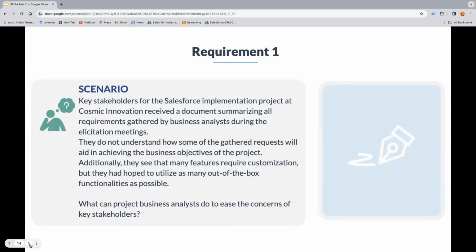Additionally, they see that many features require customization, but they had hoped to utilize as many out of the box functionalities as possible. What can the project business analyst do to ease the concerns of key stakeholders?